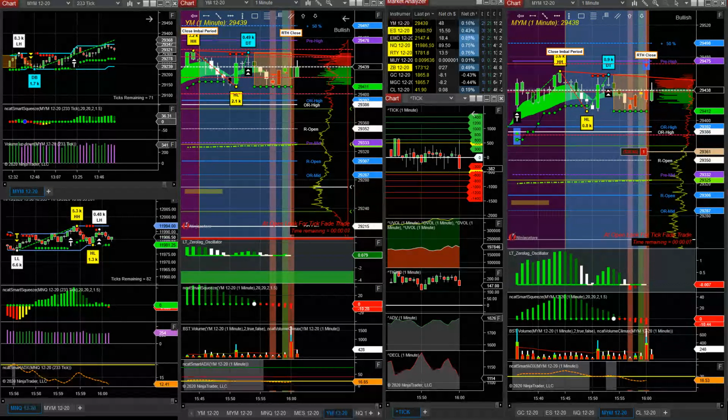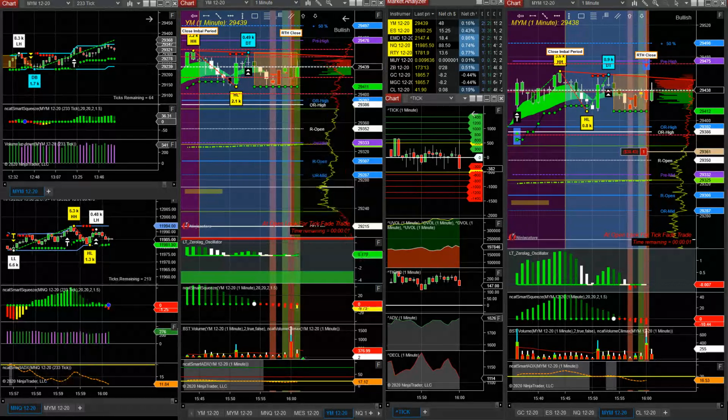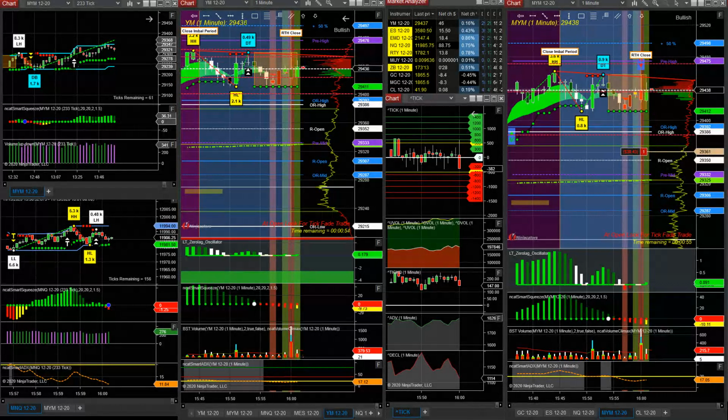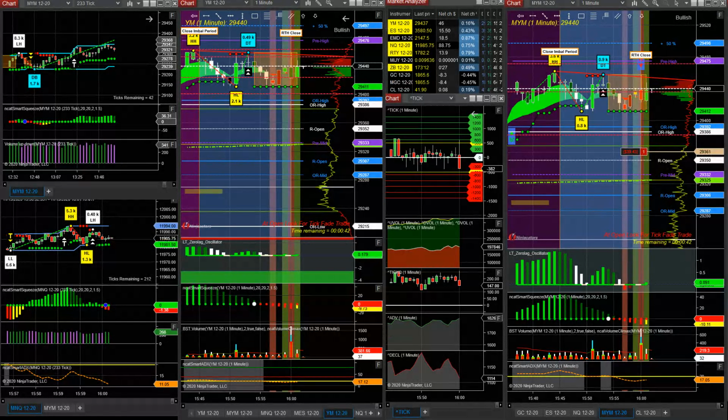It's 10 wide, so I got a 500, a 490, and a 510 butterfly for Tesla. It expires tomorrow. If Tesla gets to 500 into the close tomorrow, that $24 I paid for that trade could be worth $500 to $1,000.